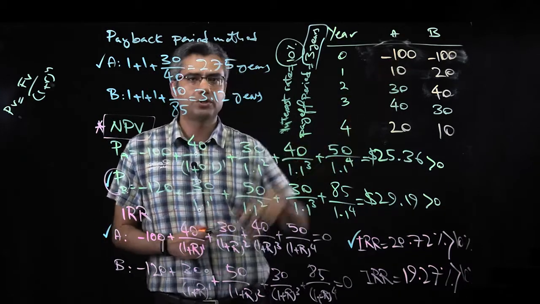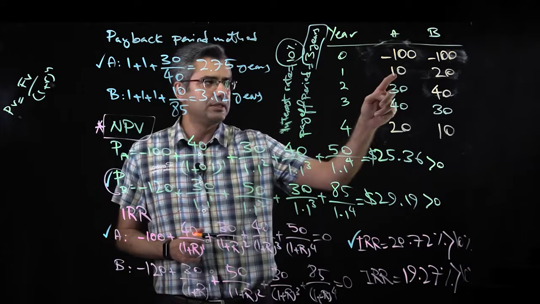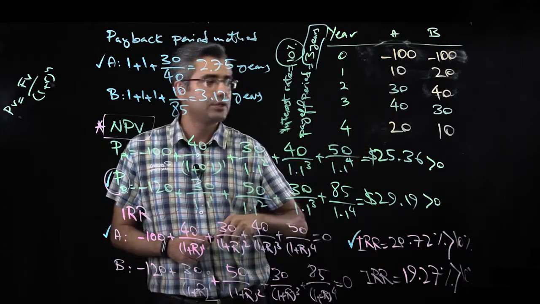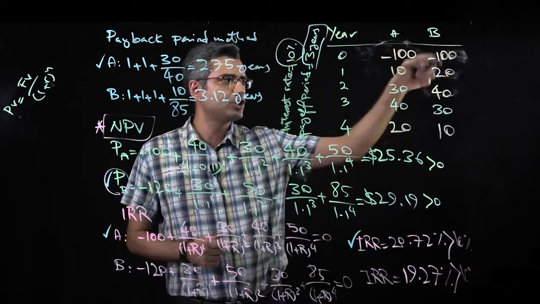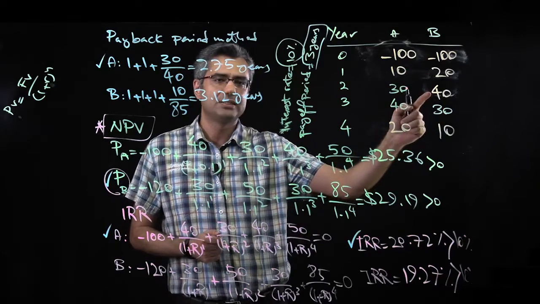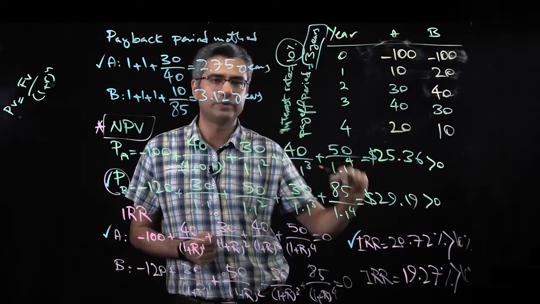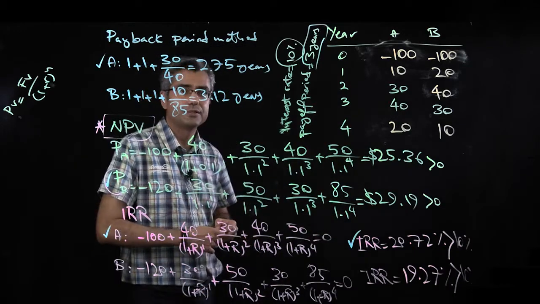You want to reach $100 in both projects. So 10 plus 30 plus 40 plus 20, it's 100. So for project A, the payback period is 4 years. For project B, the payback period is also 4 years because 20 plus 40 is 60, then 90, then 100. So for both of them, the payback period is 4 years.